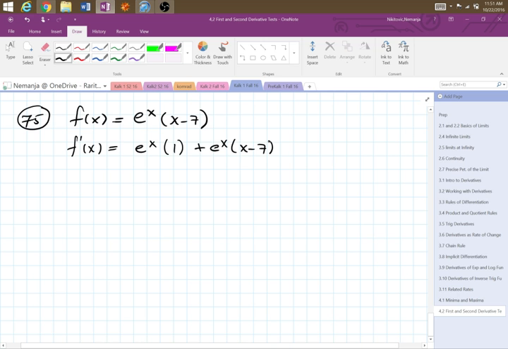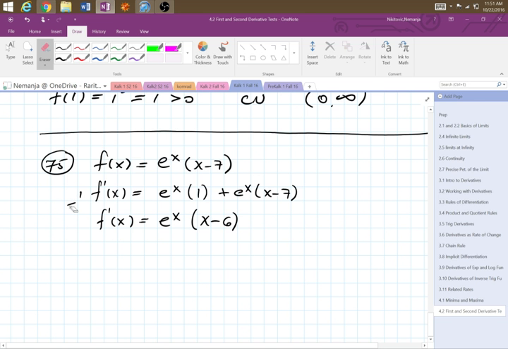I will combine this, factor out e to the x, and we have x minus 6 now, because negative 7 plus 1 is negative 6. And now we take another derivative, which is going to be another product rule.